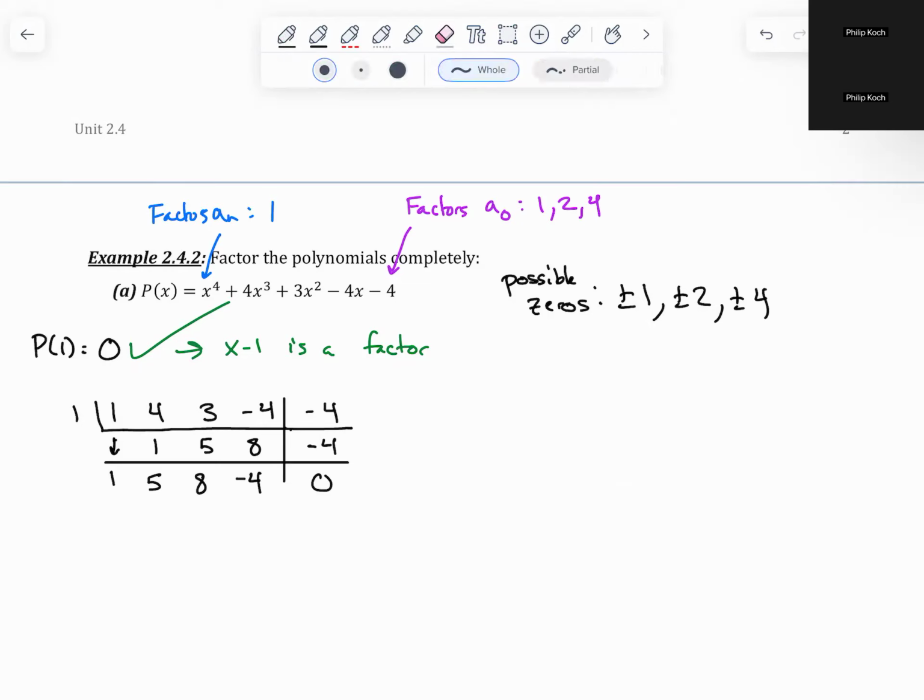Wait, no, positive 4, positive 4. You got 0. You should get 0 as your remainder. If you didn't, that means you made an error somewhere.